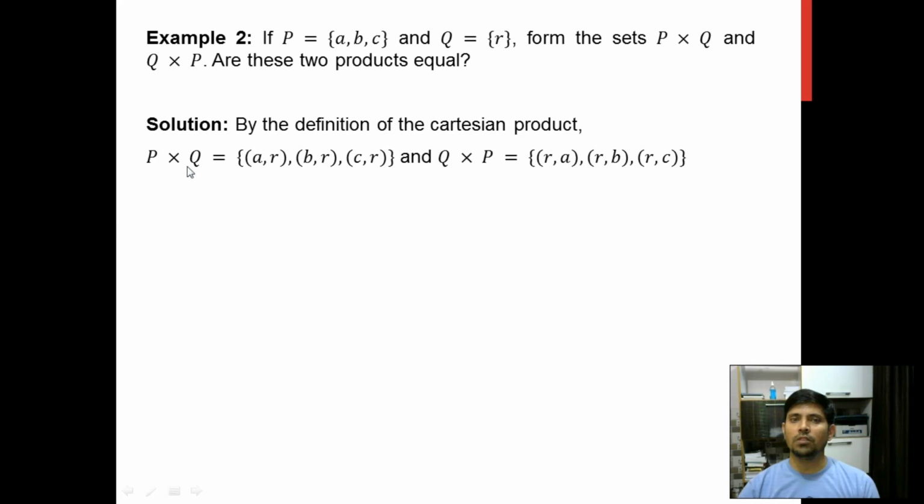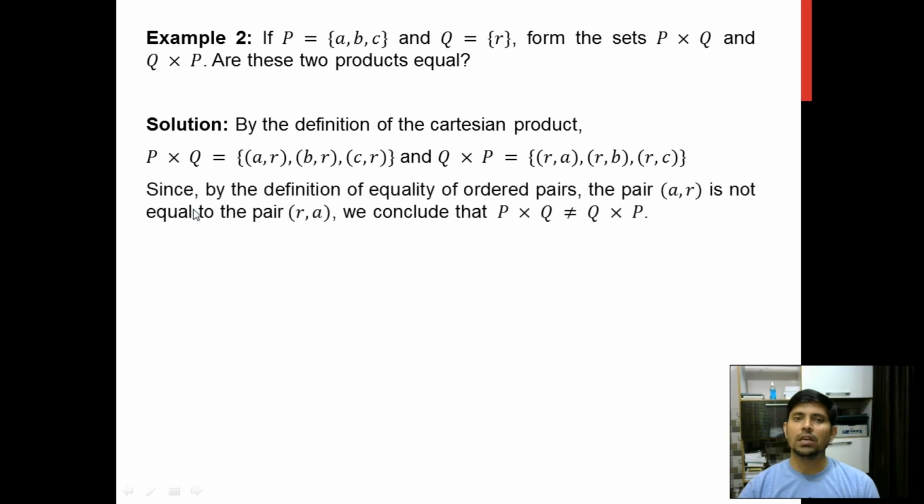So what is the difference you are observing here? In P cross Q and Q cross P, we are observing that the first elements A, B and C all belong to the first set P, and the second elements R, R and R belong to the second set Q. So we can say this is AR, this is RA, and both are not equal. BR, RB and CR, RC are not equal.